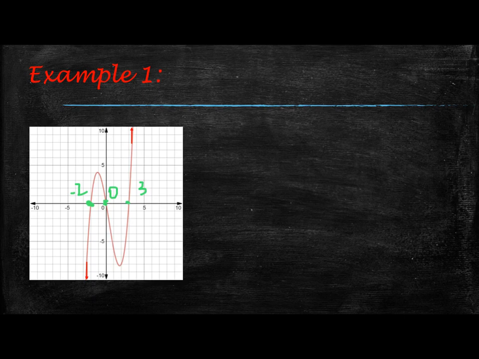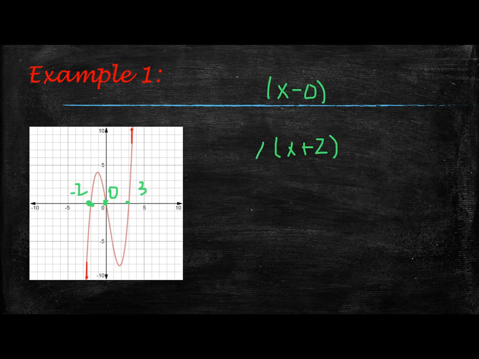Okay, so we're going to write those as factors. For -2, that would just be x plus 2. For 0, you would have x minus 0, but that's the same thing as just x.